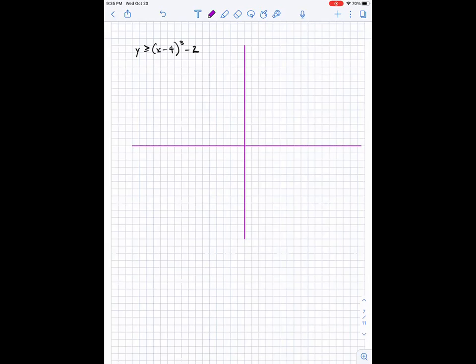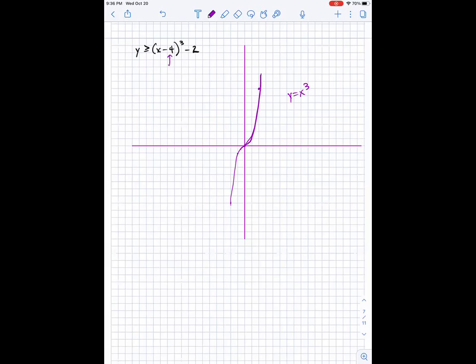So a regular cubic would mean plug in 0, you get 0, plug in 1, 1 times 1 times 1 gives you 1, 2 times 2 times 2 is 8. So the graph of a plain cubic, y equals x cubed, looks something like this.